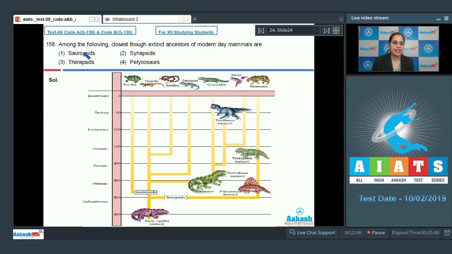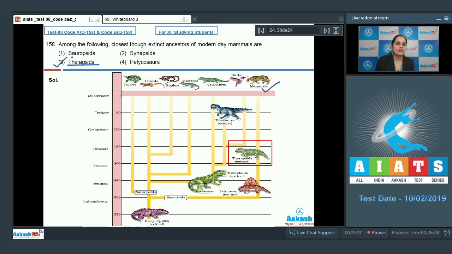Question number 158. Among the following closest, though extinct ancestors of modern day mammals are, and the options are sauropsids, synapsids, therapsids, pelycosaurs. And the correct answer to this question is option number 3, therapsids. As you can see here, these therapsids are closest extinct ancestors of modern mammals.